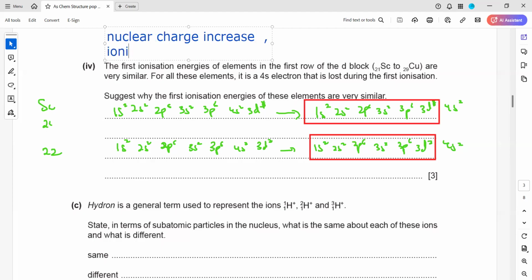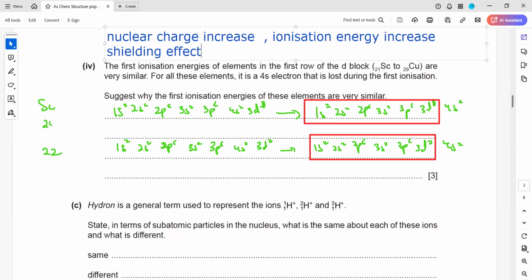The ionization energy should increase. And because there are more inner shell electrons, the shielding effect increases. As the shielding effect increases, what should happen to the first ionization energy? The first ionization energy should decrease.